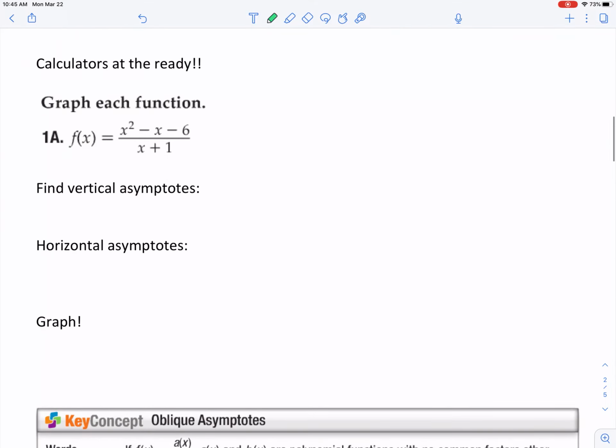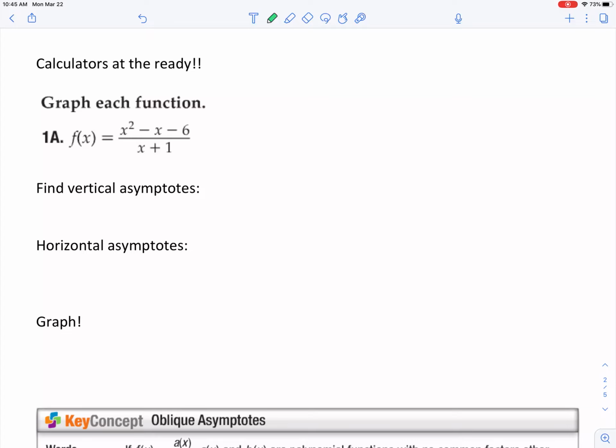So, calculators at the ready. I say graph, you say table, but of course today we're going to be a little nicer about it and instead plug this into our calculator. My biggest suggestion is to make sure that you use parentheses to close in the entire top and the entire bottom.